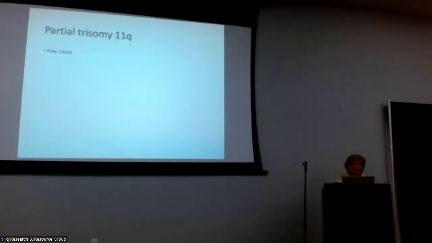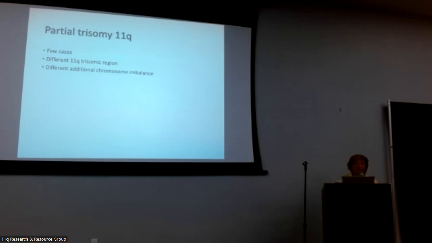There are few cases of partial trisomy, even after the onset of array, where the diagnosis is easier. We don't collect many cases of trisomy 11q. They have different trisomic regions.